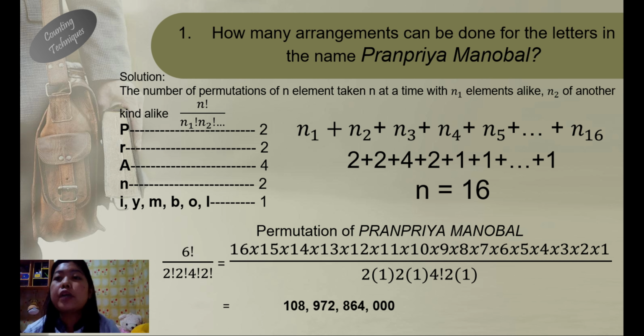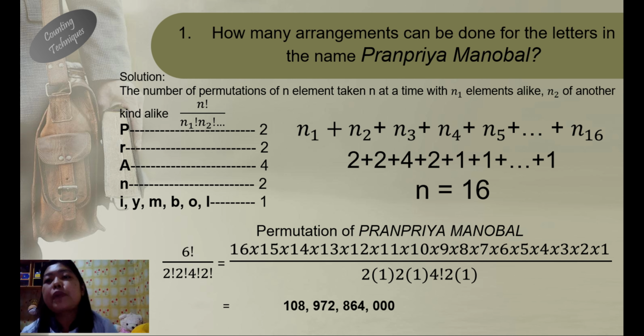So, in the word Pranpriya Manobal, take note that P appears 2 times, R appears 2 times, A appears 4 times, N appears 2 times, and I, Y, M, O, B, and L appear only once each.